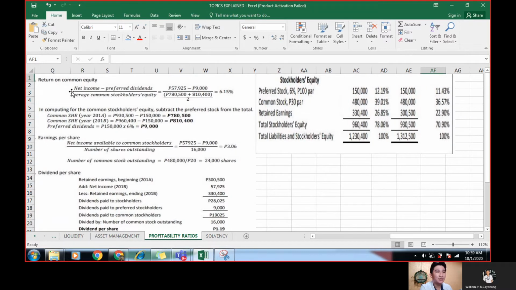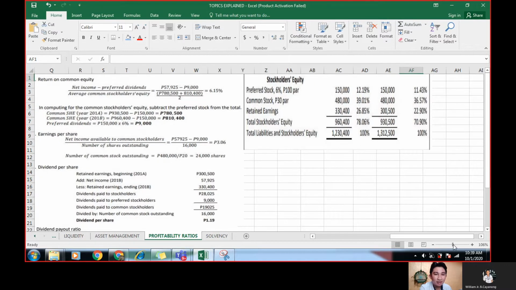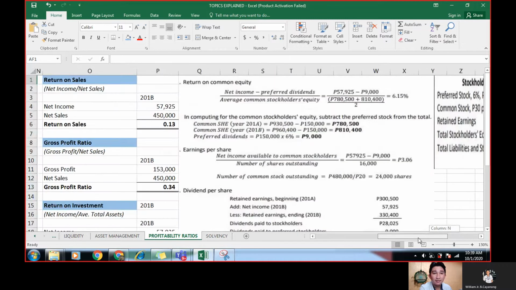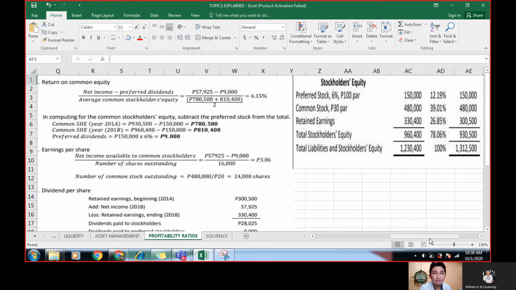So for you to solve your return on equity, you need your net income minus preferred dividends over the average common stockholders equity. Now, your net income is 57 as stated here. Okay, medyo i-closer natin ng konti. Ayan. I hope it is visible na. Okay, minus 9,000. Saan ba tong 9,000?